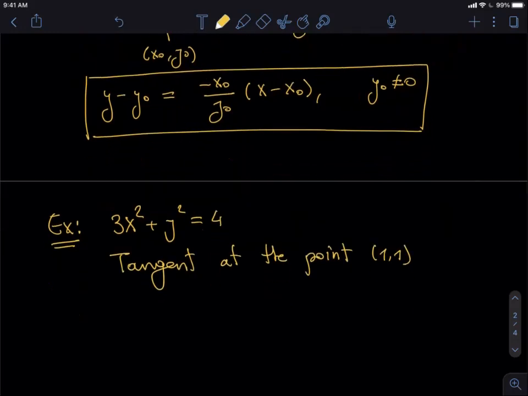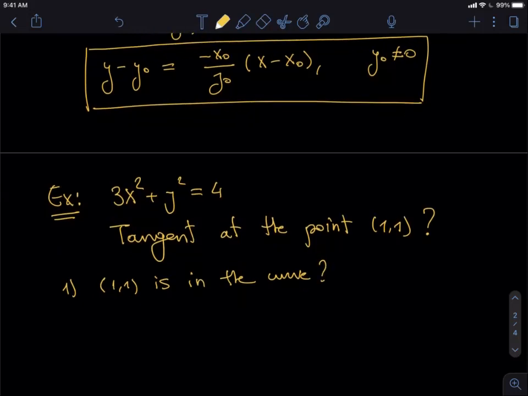So first thing, this is what we want to find. So first thing we need to always do is to check that (1, 1) is in the curve, okay?